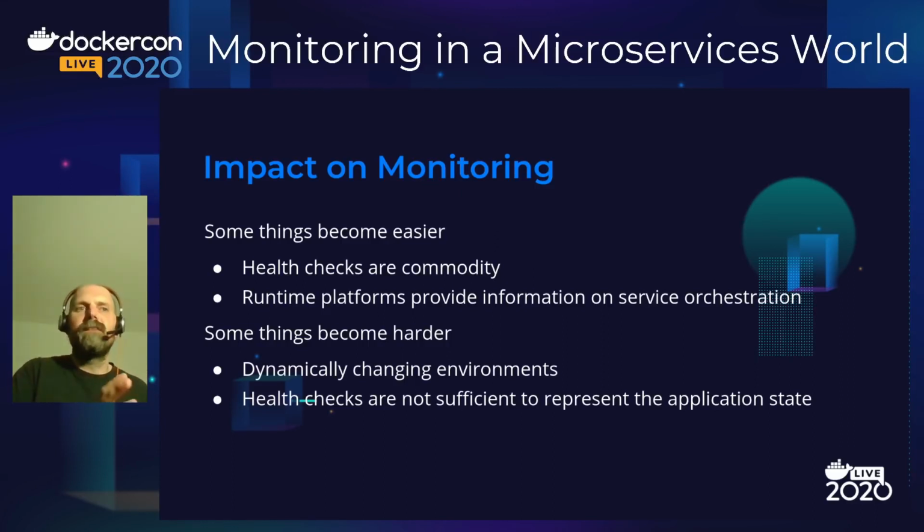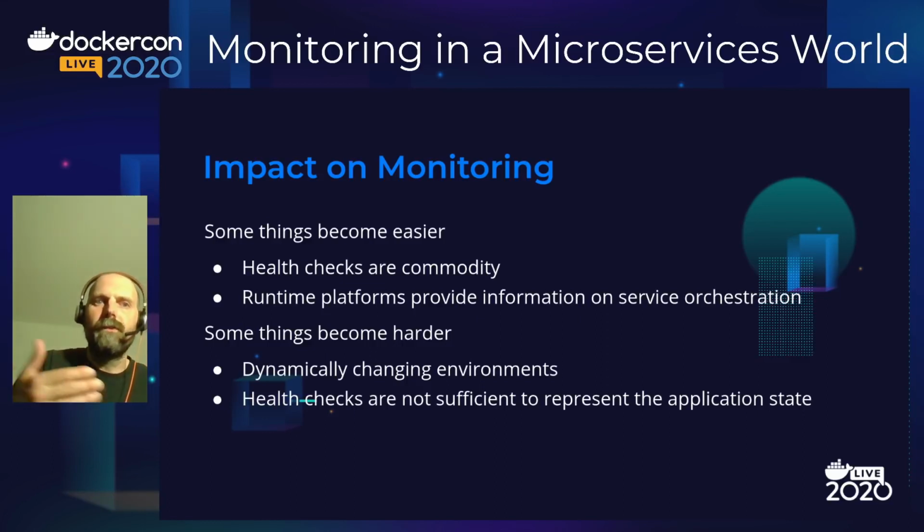If you only have a single deployment, then it's kind of okay to say, if this deployment responds with 200 okay, it's fine. If it doesn't respond anymore, something's seriously wrong and I need to be alerted. If you replace the single deployment with a collection of dozens or hundreds of microservices, it's not so easy anymore to define what's a healthy state of the application and what's not healthy.